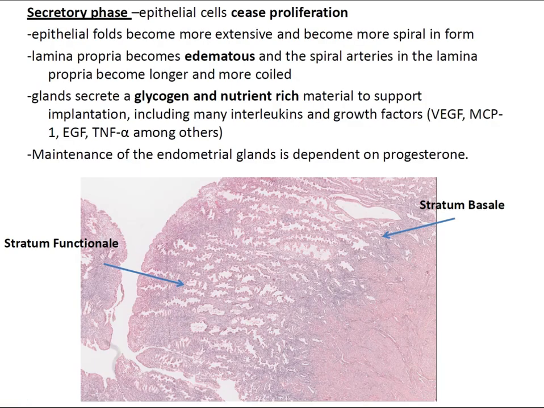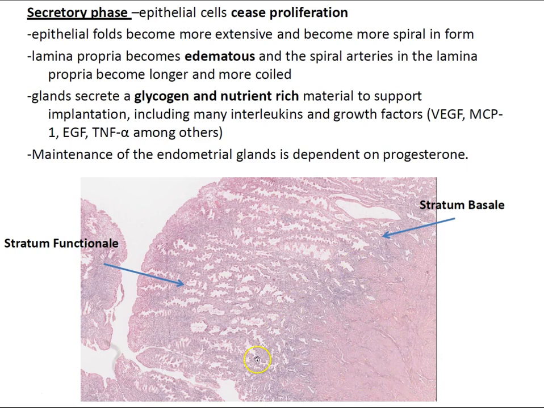Now, let's look at the second phase, which is the secretory phase. This phase is synchronized with the functional activity of the corpus luteum and is primarily influenced by progesterone. Now, what you're looking at here is the endometrium layer. Here's the myometrium layer.